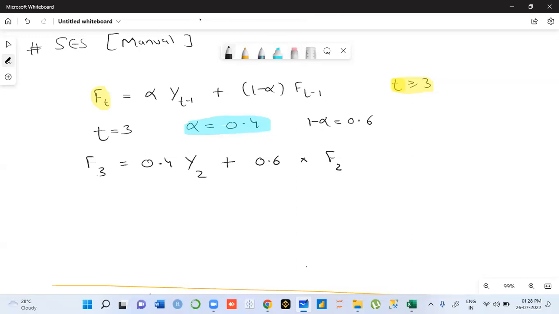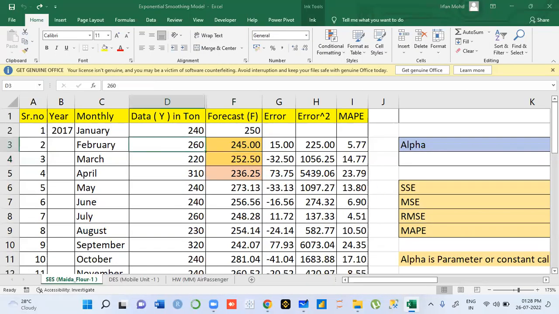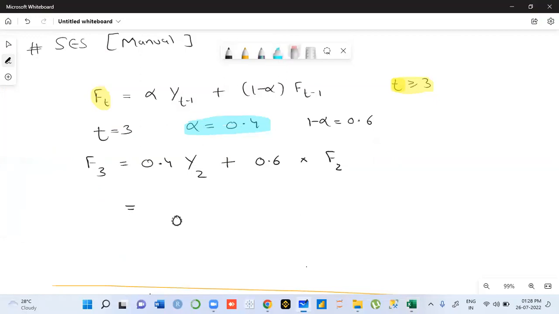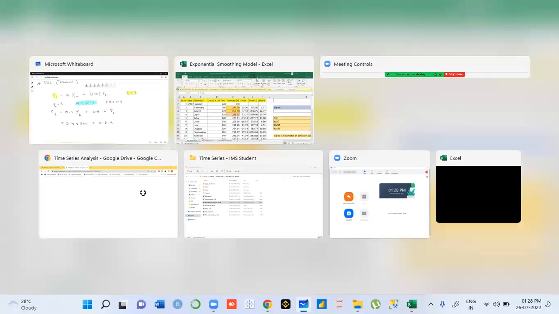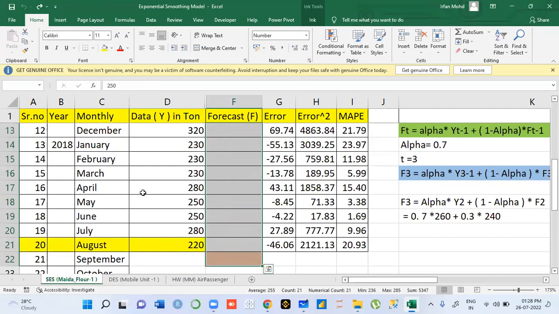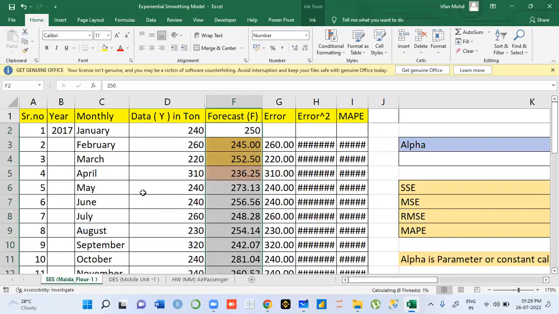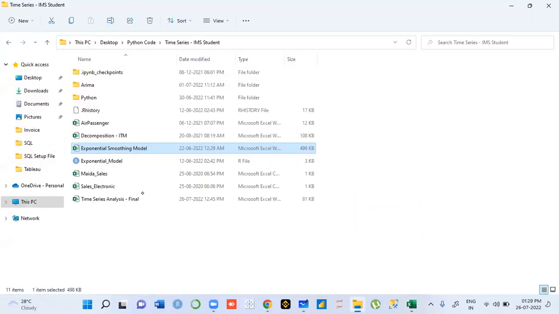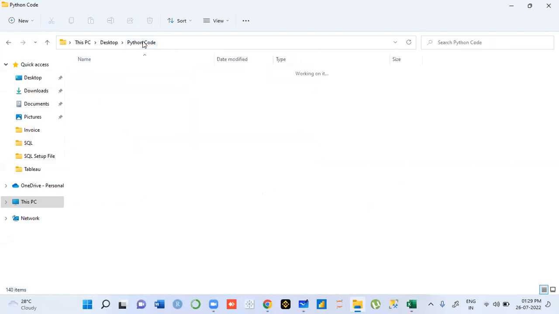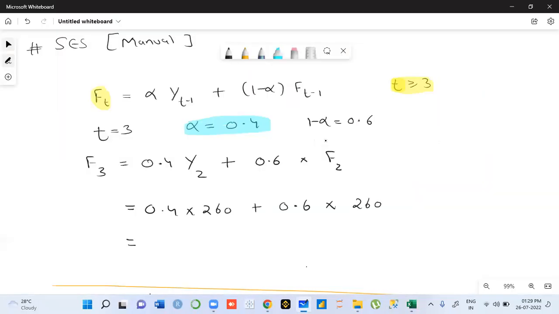Shall I move forward? Guys, tell me what is Y2 as per this data? 0.4 into 260 plus 0.6 into what is F2? F3 equals this; solve this and give me the answer. Y2 is equal to Y1 or Y2? See in the notes now, is it Y1 or Y2? What is the Y1 value?